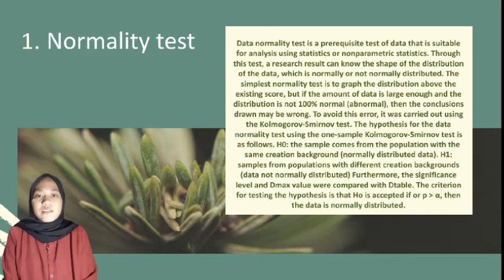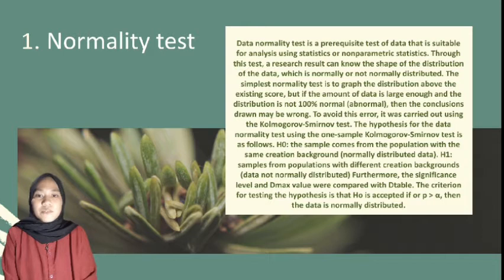To avoid this error, it was corrected using the Kolmogorov-Smirnov test. The hypothesis for the data normality test using the one-sample Kolmogorov-Smirnov test is as follows. The sample comes from a population with the same background, normally distributed data.